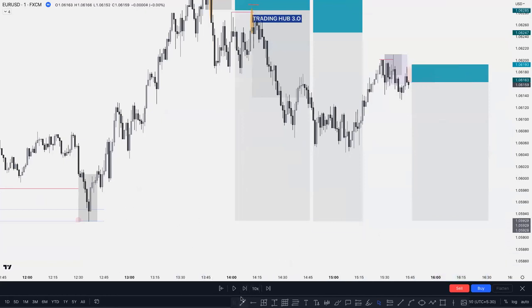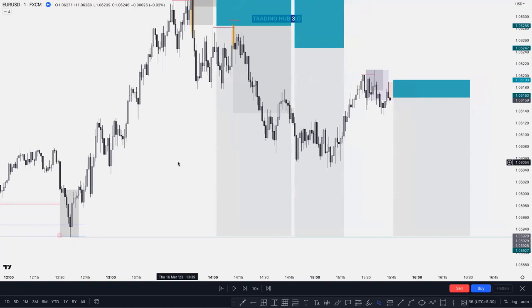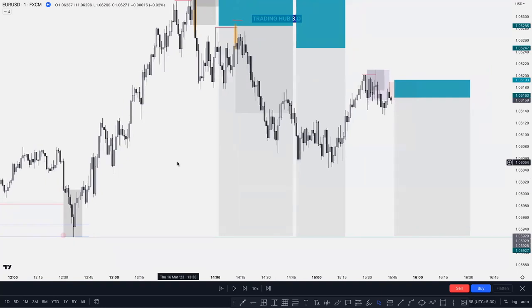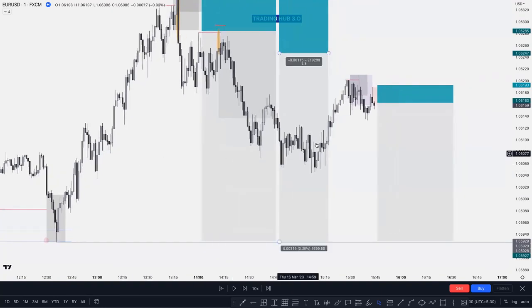Actually, the main target is here. This one is also a possible scenario, but at that time the market did not close below it on the 15-minute time frame.